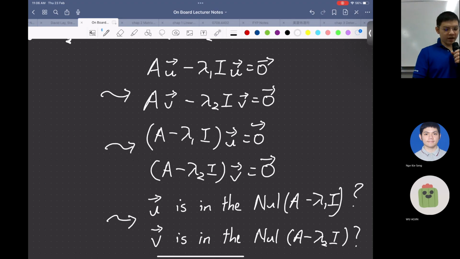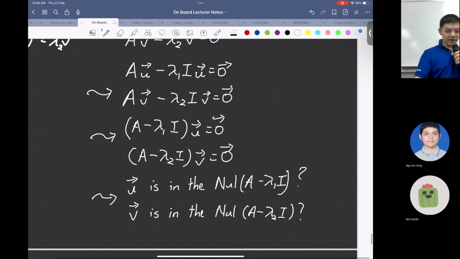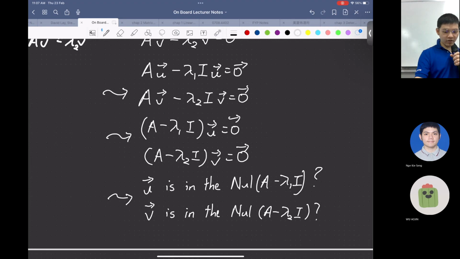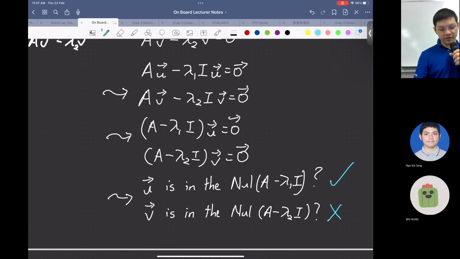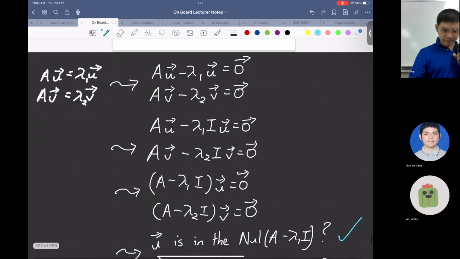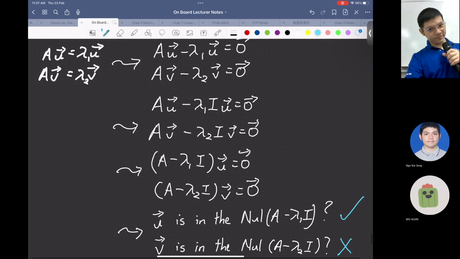You want to determine whether it's in the null space. Just now we already found that U is in the null space of A minus lambda 1 I because it satisfies the equation, but V doesn't satisfy the equation for A minus lambda 2 times I, so it's not in the null space. So this is an equivalent formulation of the same question.